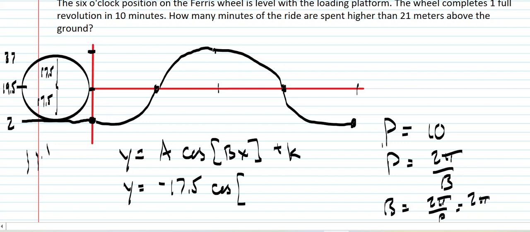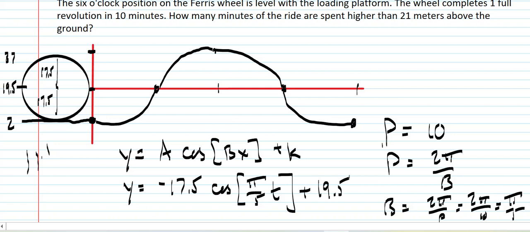So 2 pi divided by 10 is pi over 5. So b is pi over 5 times, I'll use a t here rather than an x for time. And then k is the midline, which is 19.5. So there is the basic function that we need to use to solve this problem.